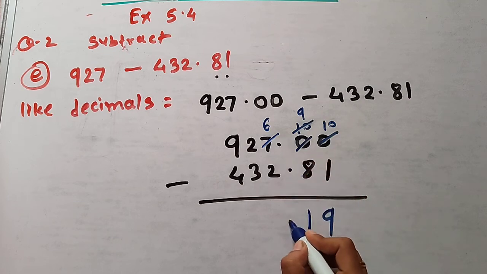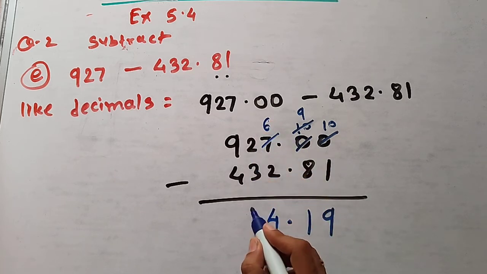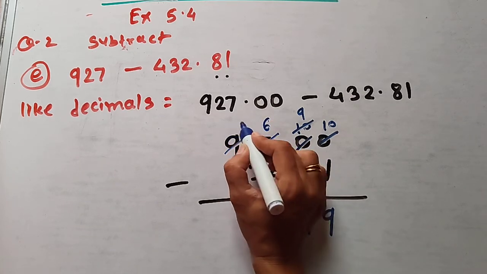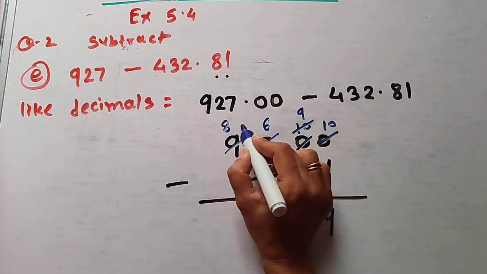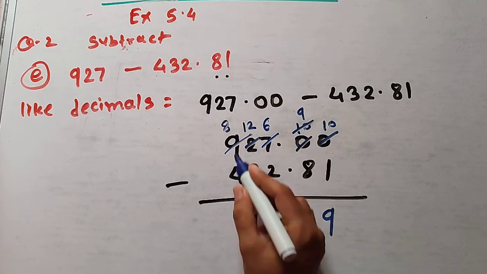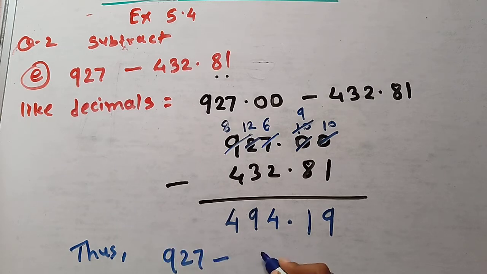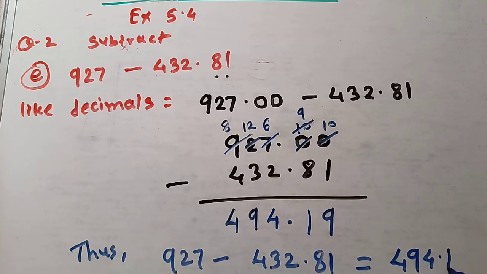Now you have to put the decimal point after 2 digits. 6 minus 2 we get 4, 2 minus 3 again not possible, so again borrow from 9. So here we get 8. 12 minus 3 we get 9, 8 minus 4 we get 4. So our answer is thus 927 minus 432.81 is equal to 494.19. This is your answer.